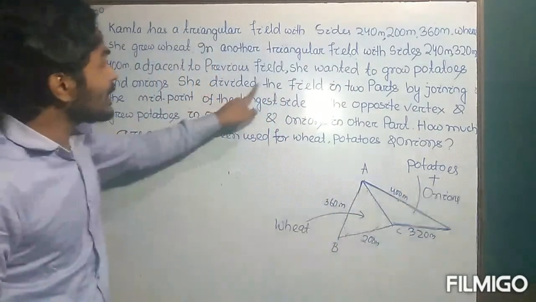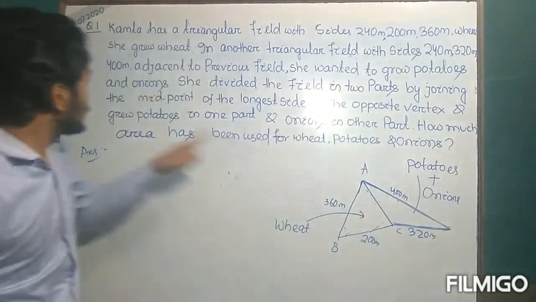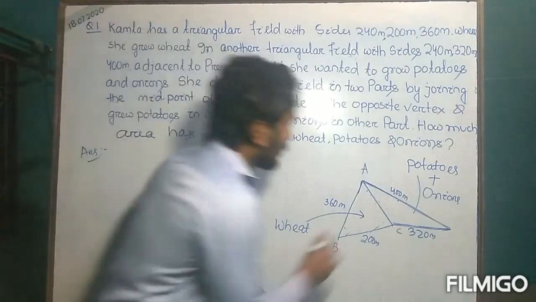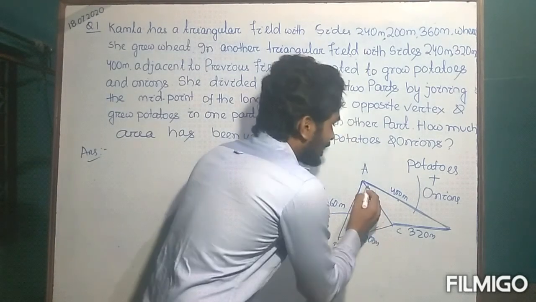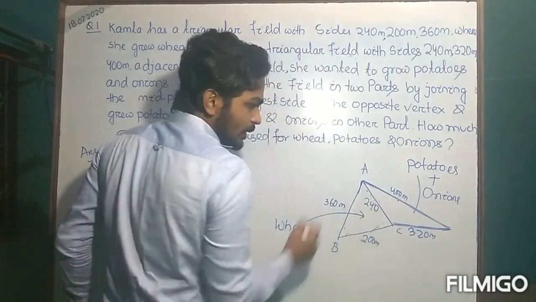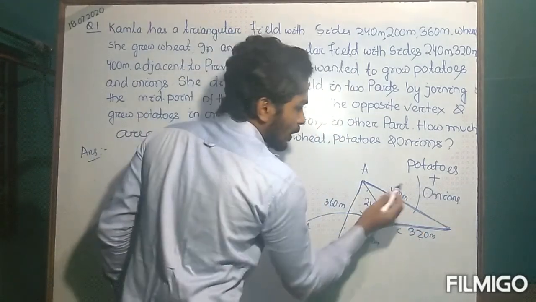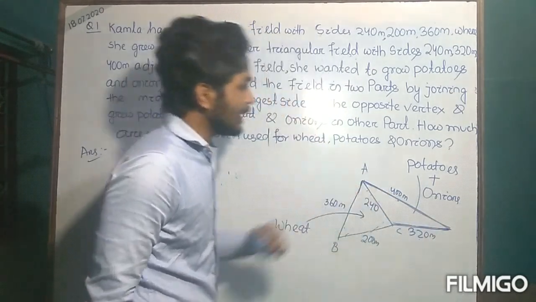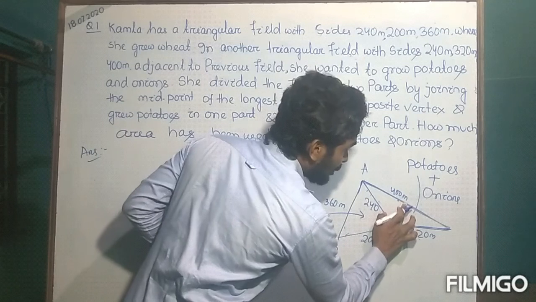How? She divided the field into two parts by joining the midpoint of the longest side. First find which is the longest side in this field. This is 240, this is 320 and this is 400, so this is the longest side. Now she has to find the midpoint.